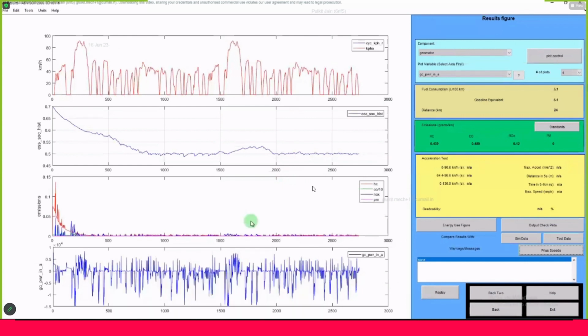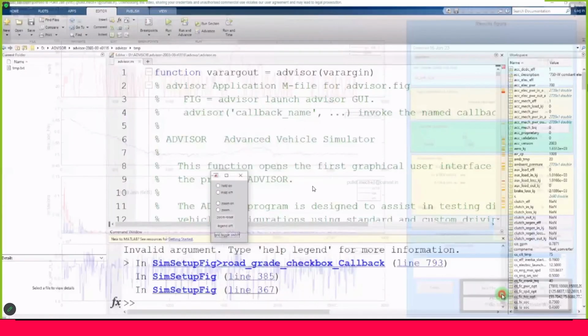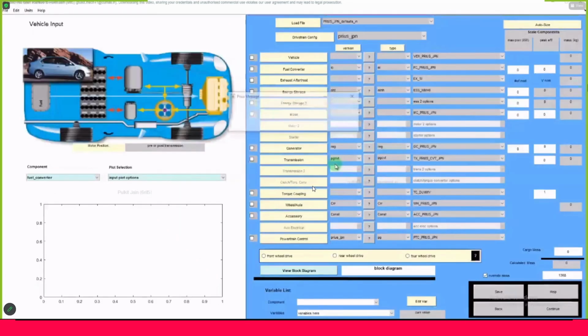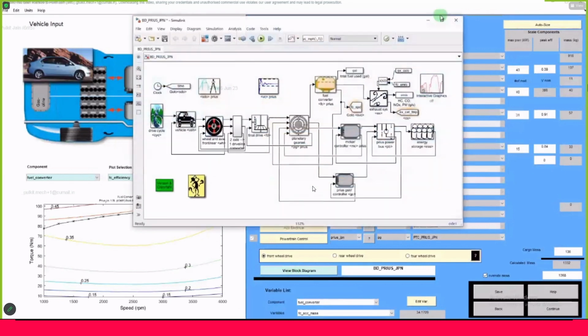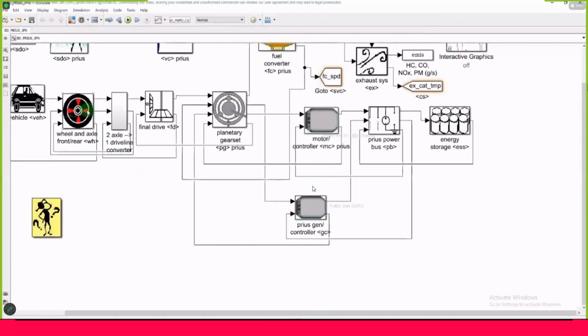Let us understand how this happens with the Toyota Prius, and open up the block diagram of the Toyota Prius. Here I will be going back to 2. Here is the Toyota Prius model, and from this GUI I can open up the block diagram. We are interested in knowing how this generator runs in both directions, how the RPM becomes negative, how power is shared between these three components, and what happens to the vehicle speed at that time.